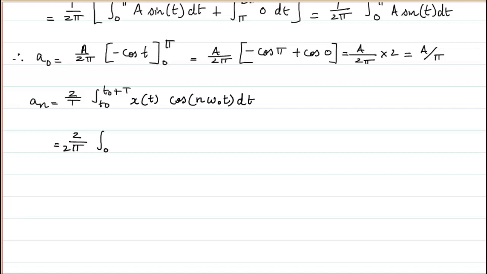Then again the limit is going to be 0 to 2 pi x of t cos n omega naught t dt.